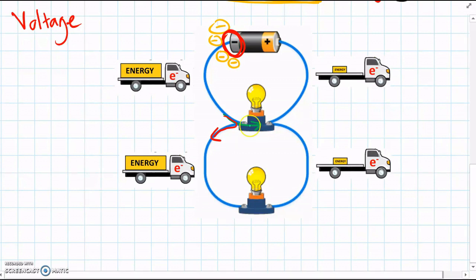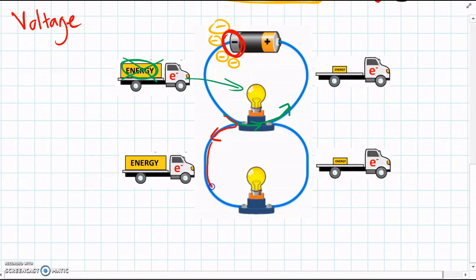So if we follow the green electrons, all the green electrons will flow through this lamp and then they'll join back to the main circuit here, which means they only have one object to give their energy to. So they're going to dump all of their energy to this one light bulb.